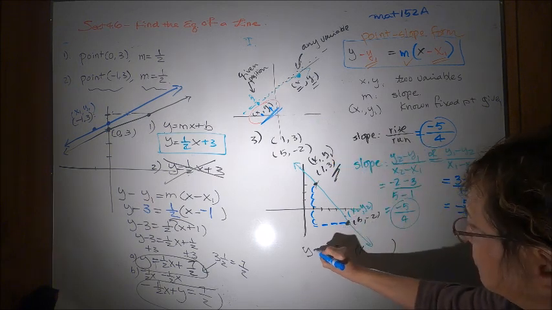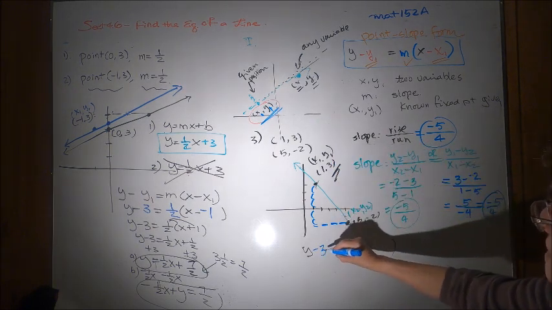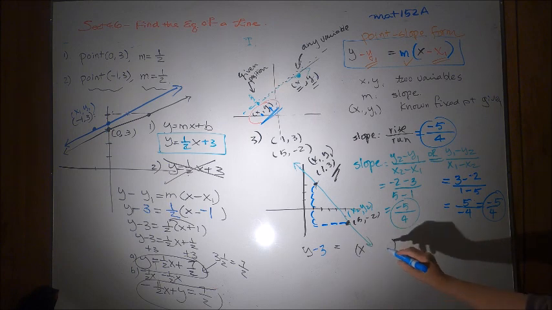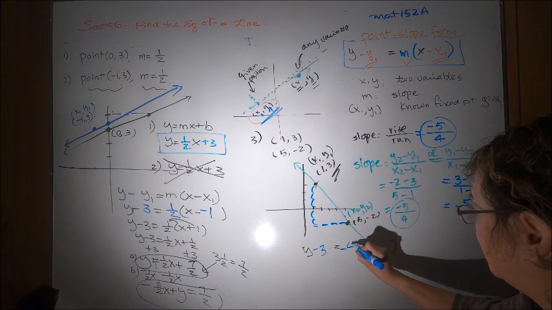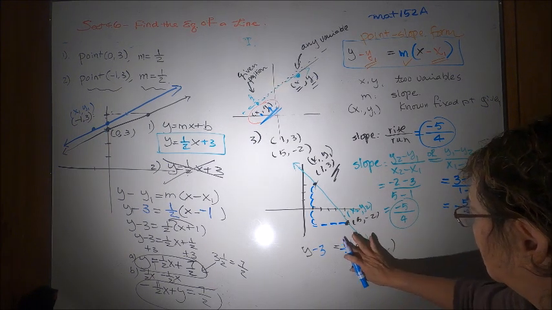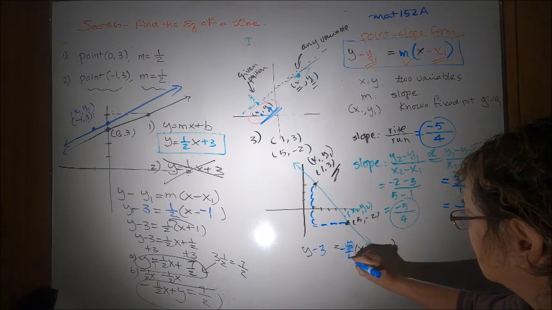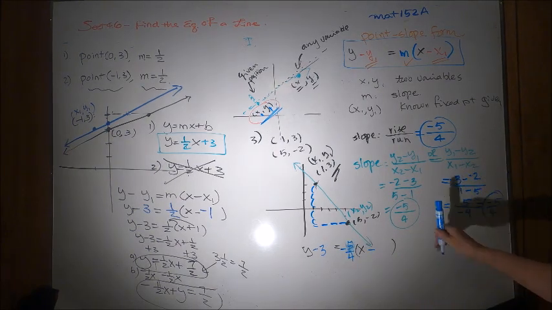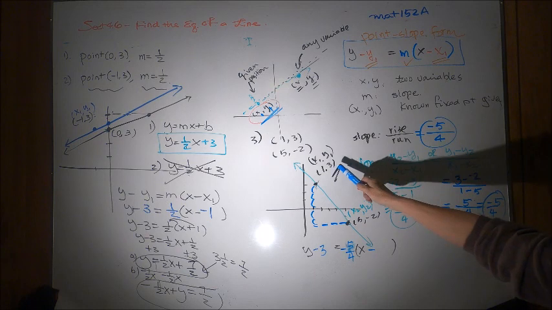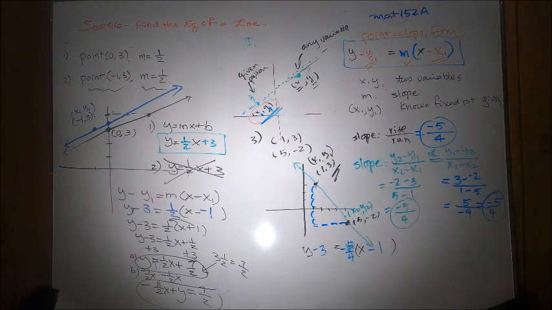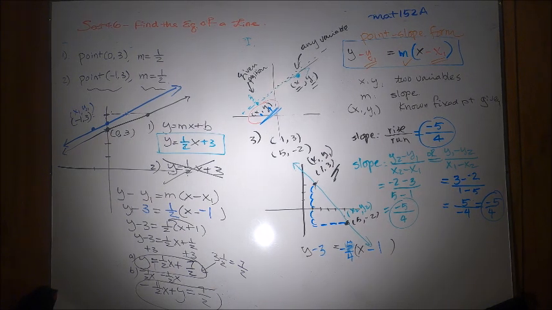So y minus y1 is 3. And slope, you got it? It's -5/4. Minus x1. What's your x1? It's 1. Right?